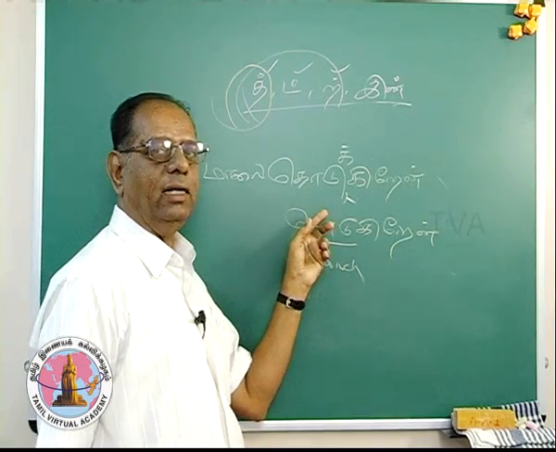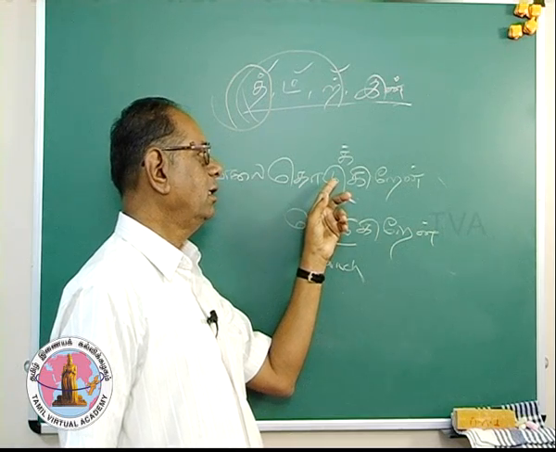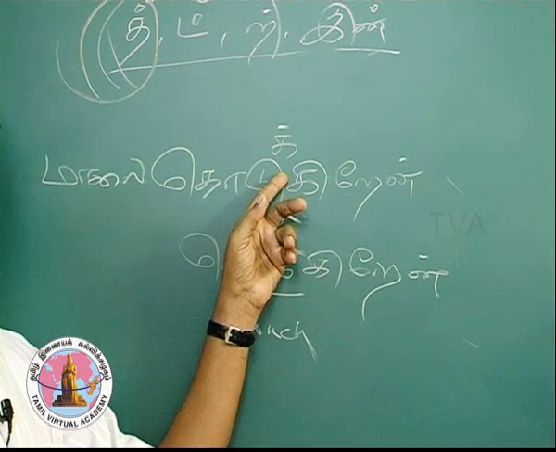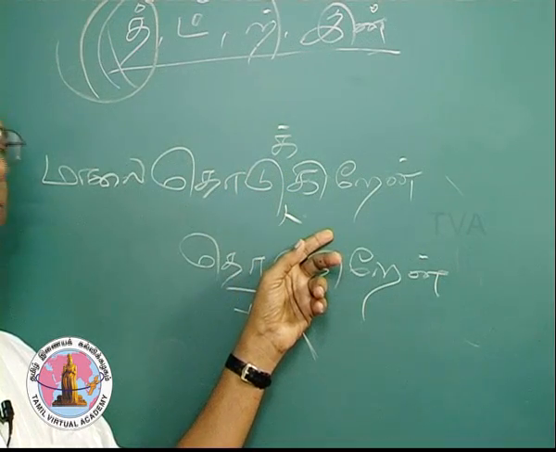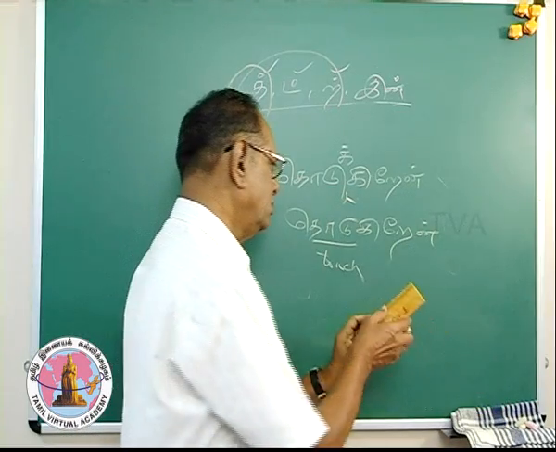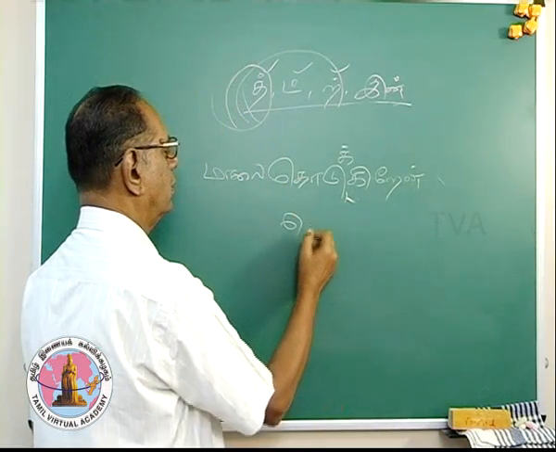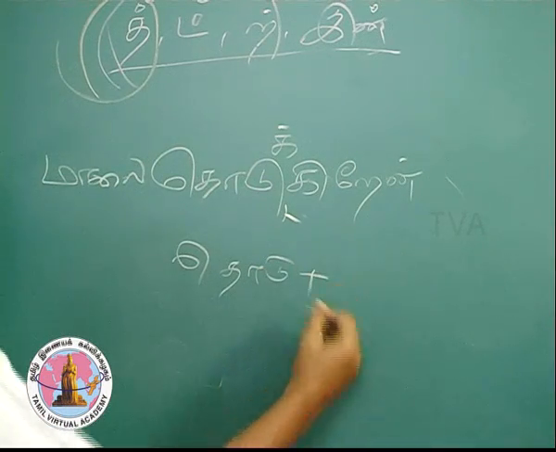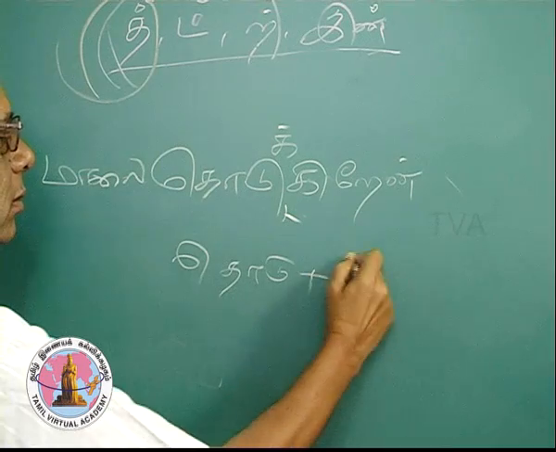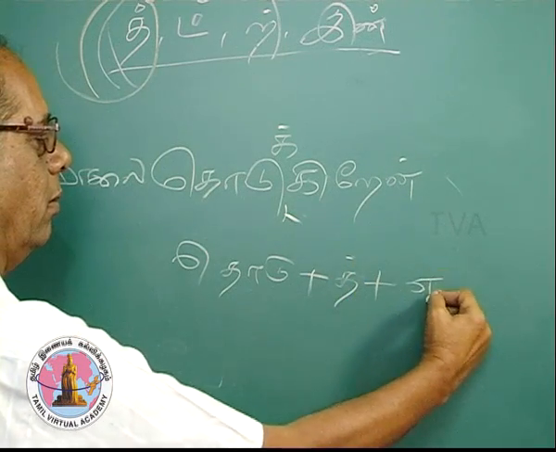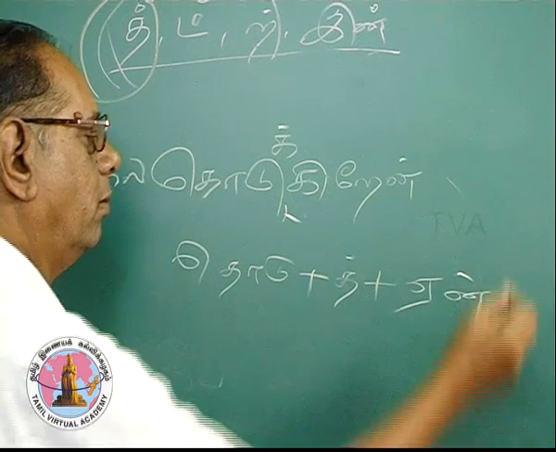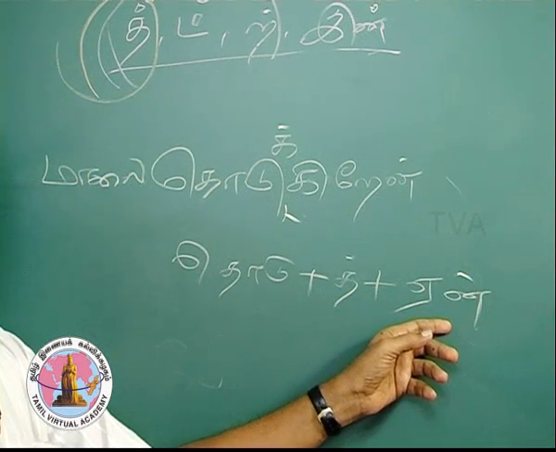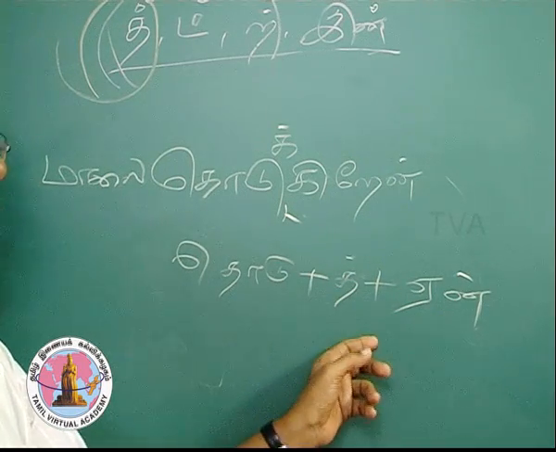So, by an introduction of a new sound, we get a different meaning. In the past tense, it will be Todu plus it plus ain.